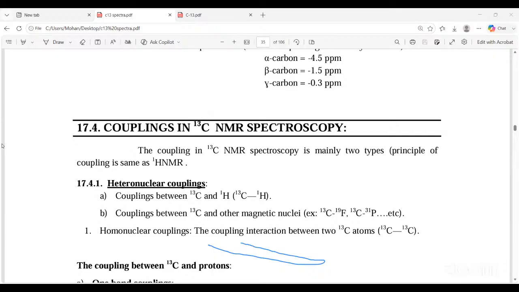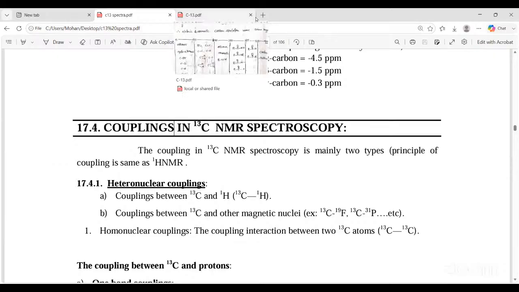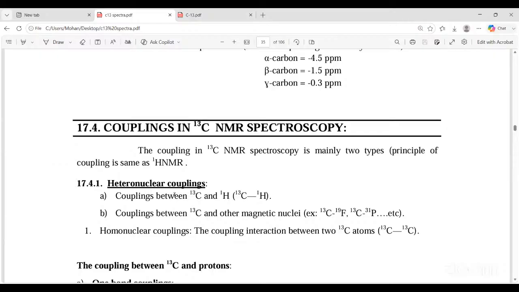Now we'll see the coupling constant in the C13 spectra. The couplings and the coupling constant values we'll see in this one. Coupling means the mutual interaction of the atoms. We can classify these couplings in the C13 spectra into two categories: homonuclear couplings and heteronuclear couplings.